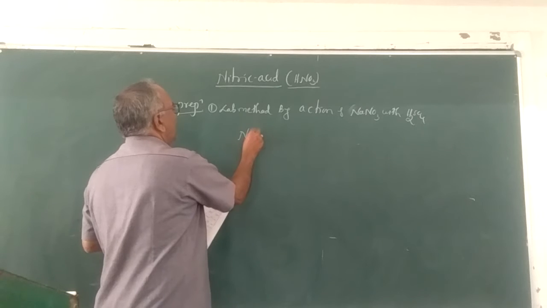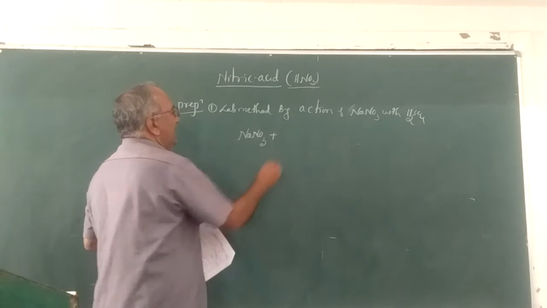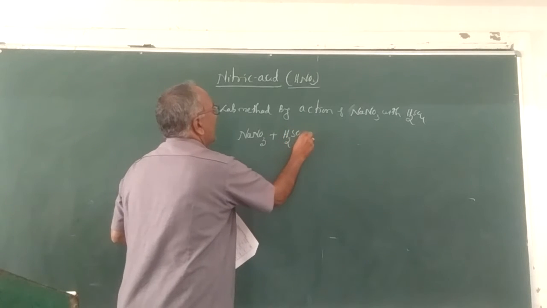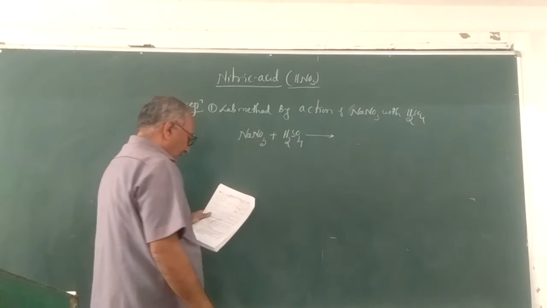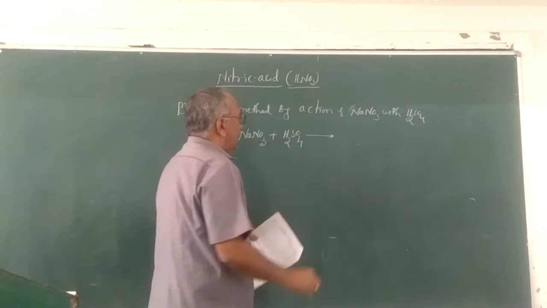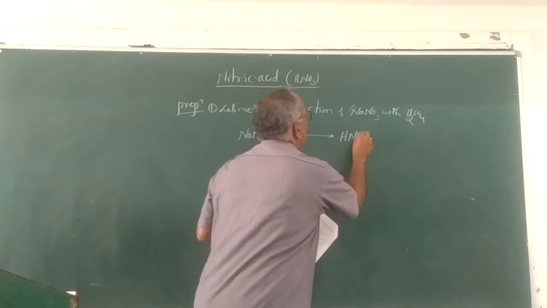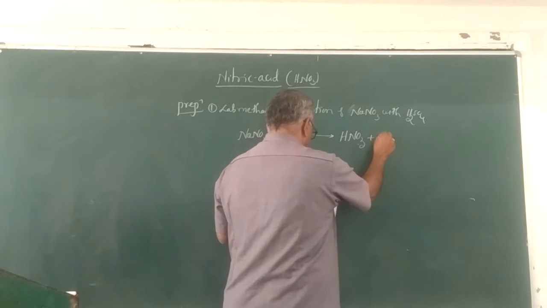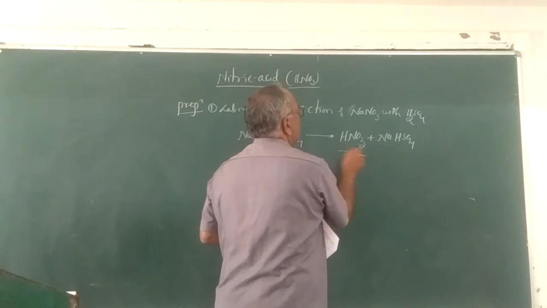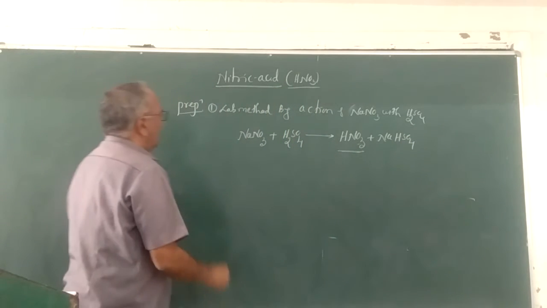When sodium nitrate or potassium nitrate is treated with concentrated sulfuric acid, it leads to the formation of nitric acid and sodium bisulfate. This is nitric acid and sodium bisulfate.